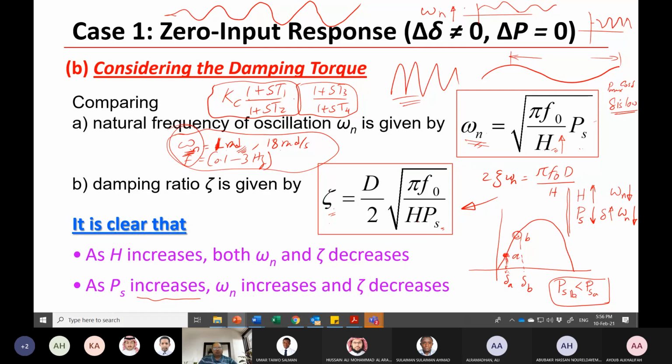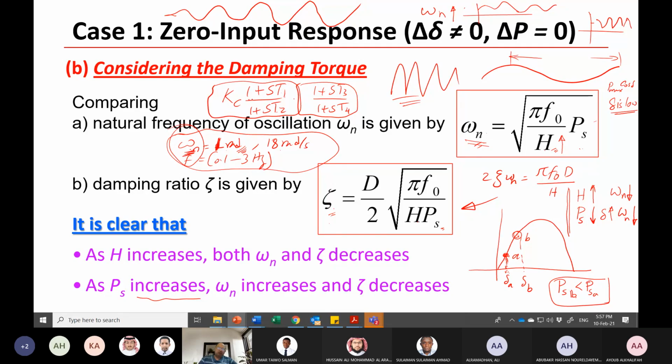And you can substitute here S equal to j omega n in order to design the time constants T1 and T2. You need to find the phase angle of this block at this oscillation frequency. So it doesn't indicate any information about the stability, but we need this in controller design later on to enhance the system stability.